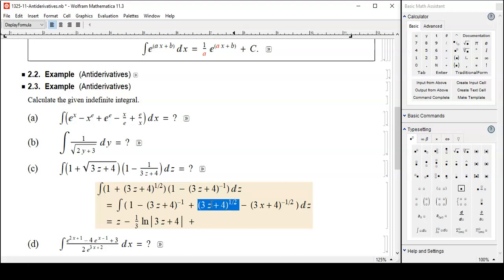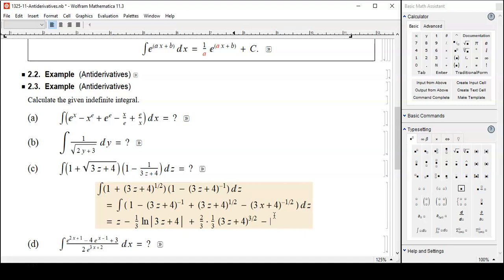Okay, now this one, 3z plus 4 to the add 1, so 3/2 power, so I need 2/3 power, oops, 2/3 power, and then that's not enough, I need this extra 1/3. You see, extra 1/3, extra 1/3.